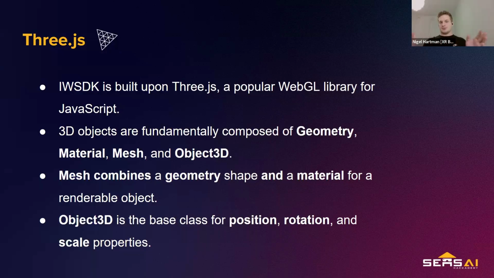A mesh, for example, would combine the shape and the material for the object, while Object3D itself is the base class for position, rotation, etc. So just that as a short background to Three.js before we go too much into it.